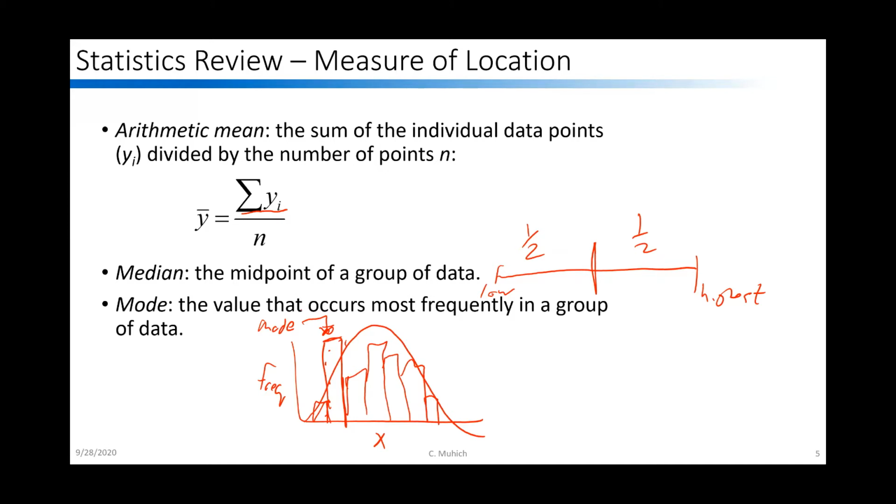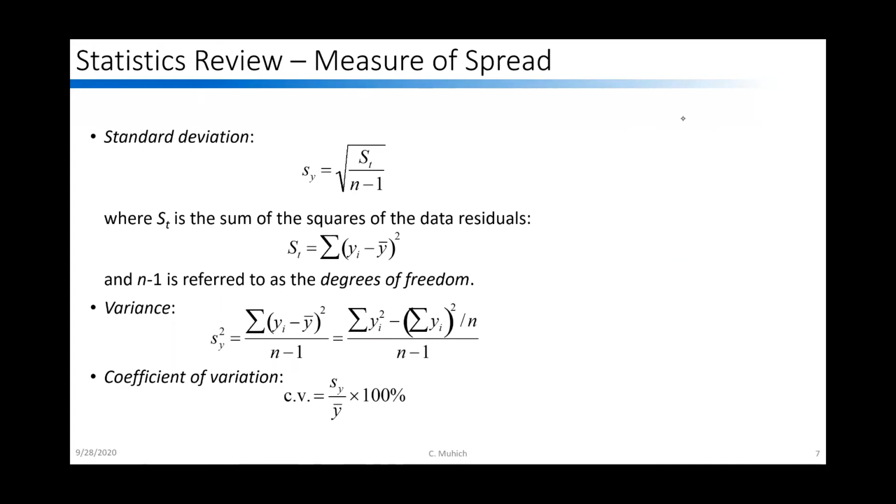Just like looking at the measure of location statistically, we can also put some numerics to measure the spread, so how wide this is. We have three different measures of spread. The first being our standard deviation. Our standard deviation is going to have this Sy nomenclature, and it can also be written out as a sigma.